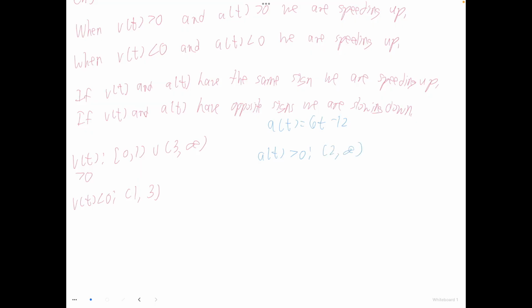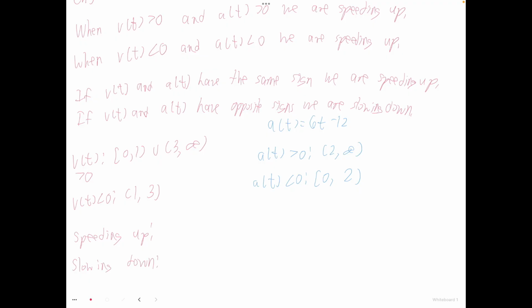So from 2 to infinity, our acceleration is positive, and our acceleration is negative for everything before that. So from 0 to 2, our acceleration is negative. At 2, it's 0. And so now we just compare to figure out when we're speeding up and slowing down. We need the signs to be the same to be speeding up, and opposite to be slowing down.